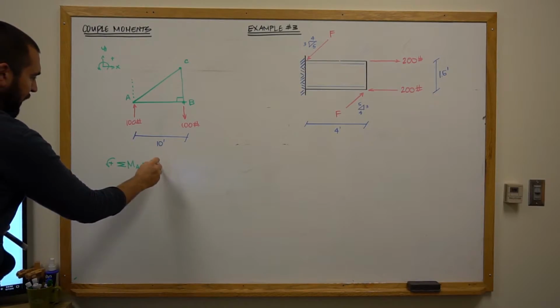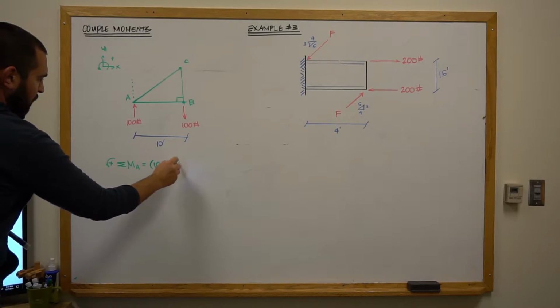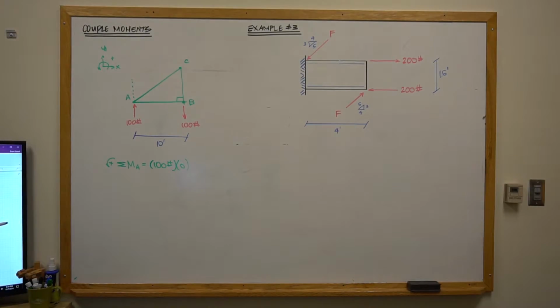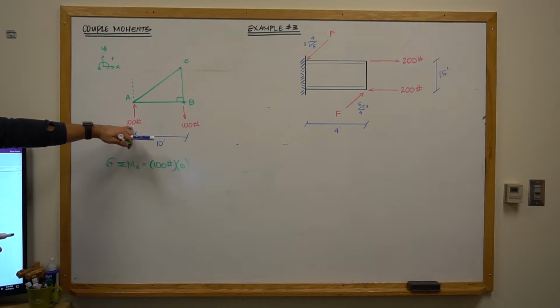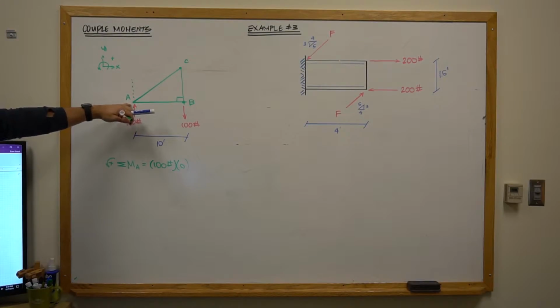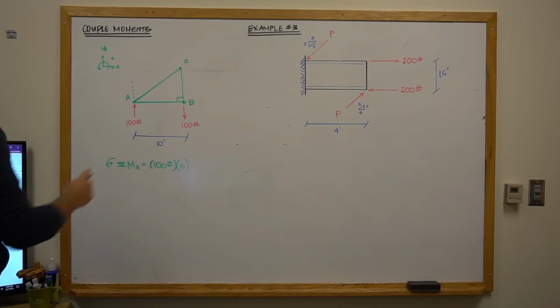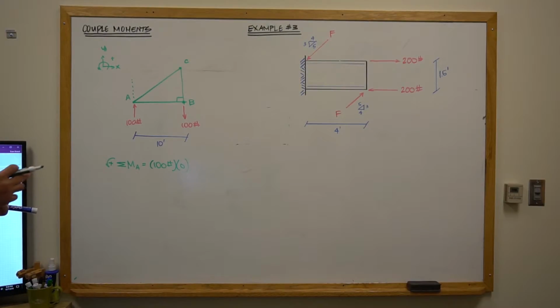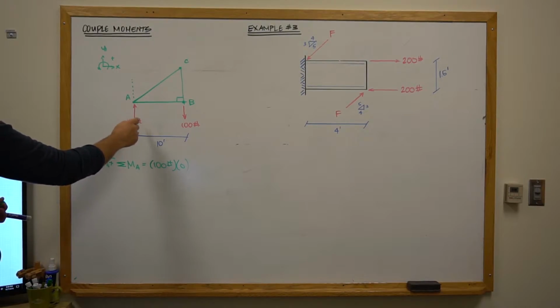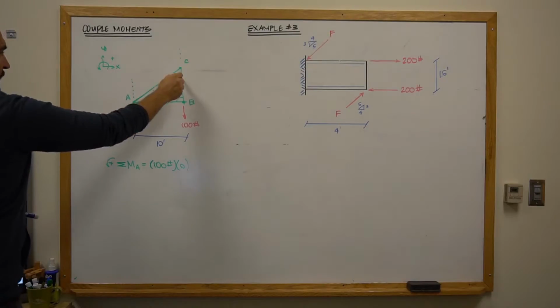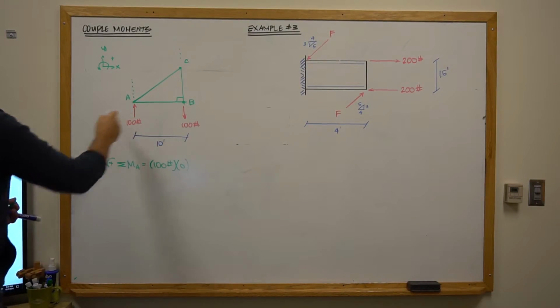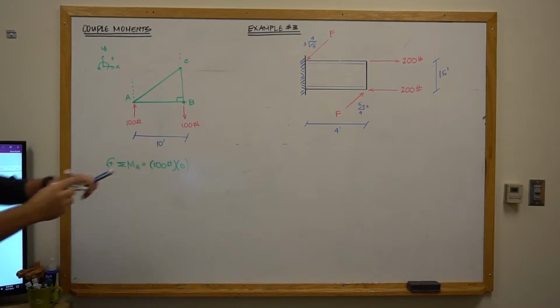So I can say I have 100 pounds, but its perpendicular distance is 0. All right, so this force here causes no moment about A. Whereas this 100-pound force over here is clearly causing a moment about point A, and its perpendicular distance from its line of action is this horizontal base of the triangle, which is 10 feet.